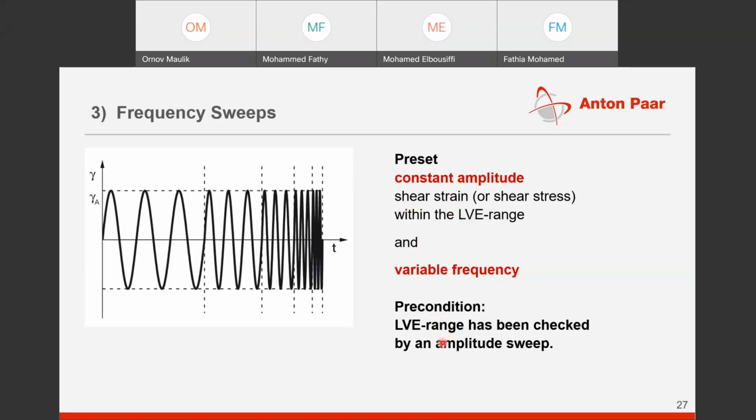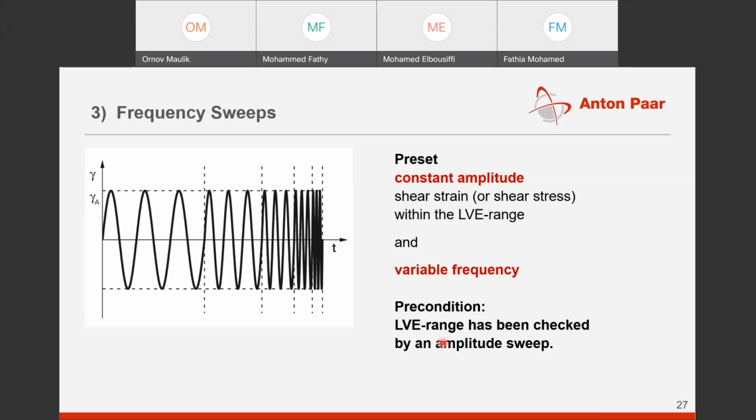In case it is changing, then most of the results that you are getting using a frequency sweep, or the parameters that you are determining, would not be correct. So it is very important to keep the strain constant, and within the LVE range.